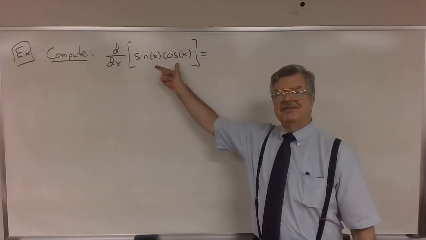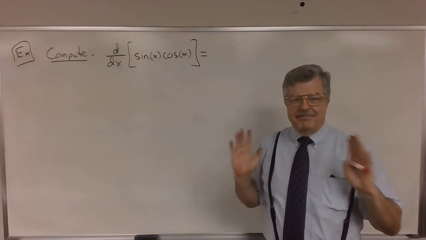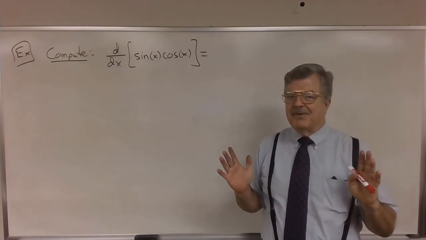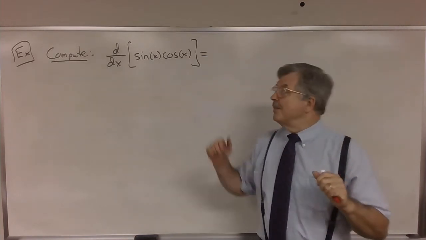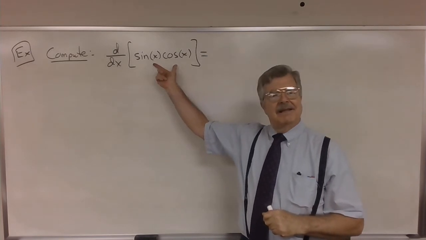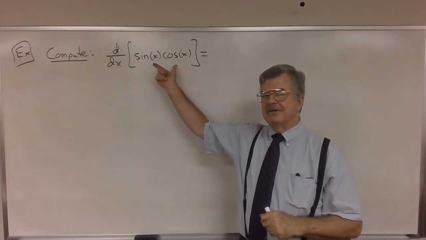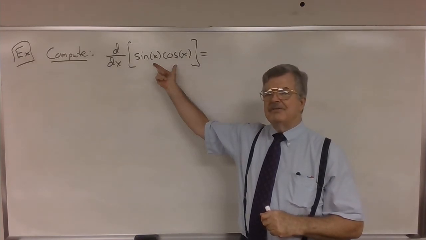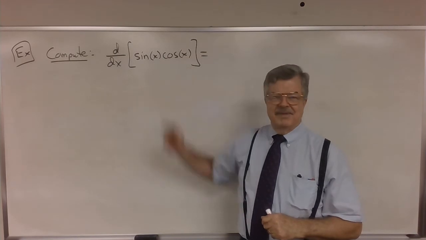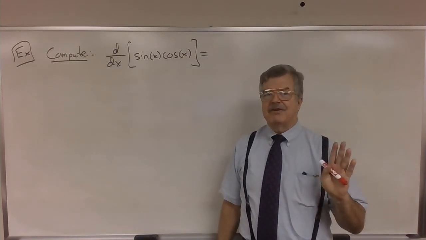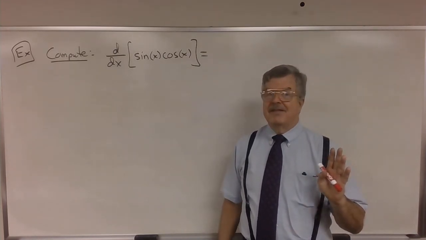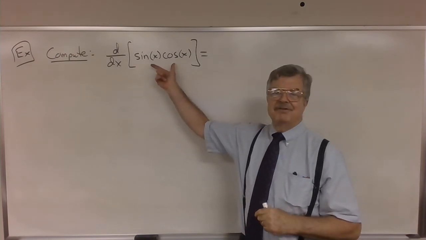Because you look at this and you think, wait a minute, we've been down this road before, sort of. We look at this and say, I don't see that this is a composite function. I don't see that this is one function evaluated at another. And when we say that to ourselves, we're right. This is not a composite function.